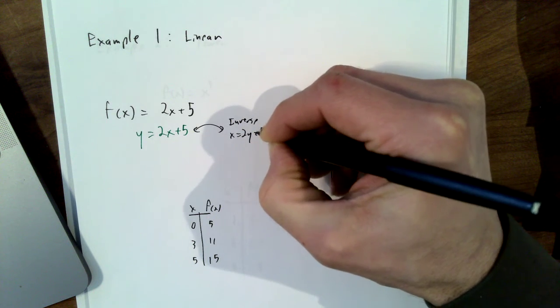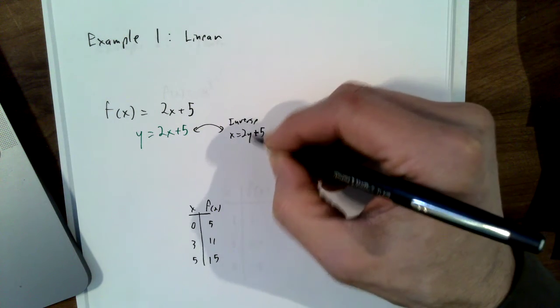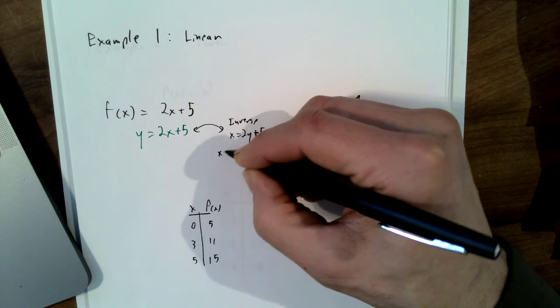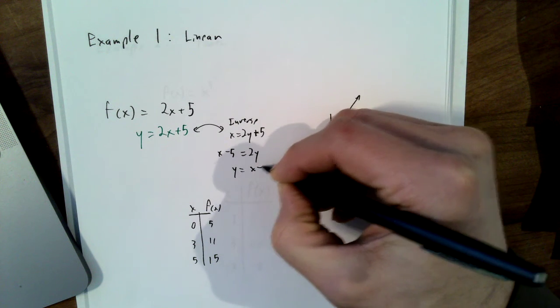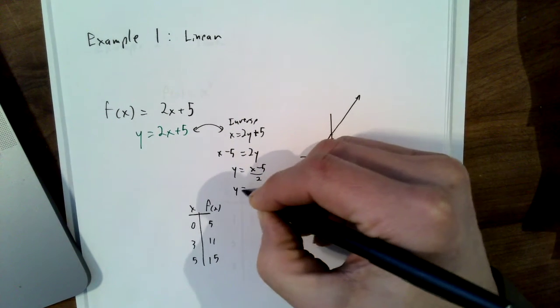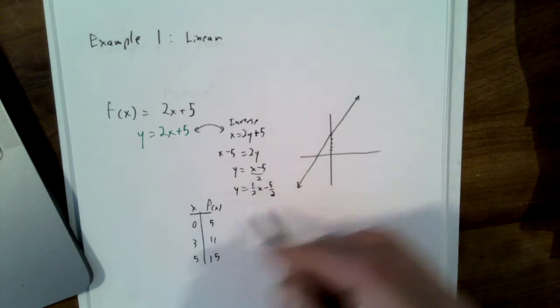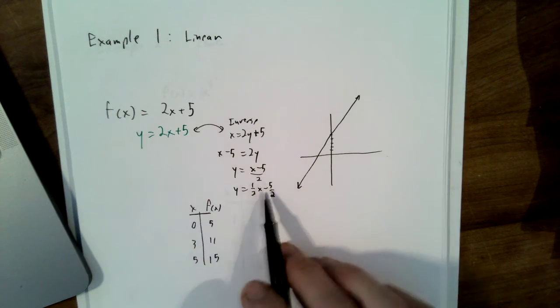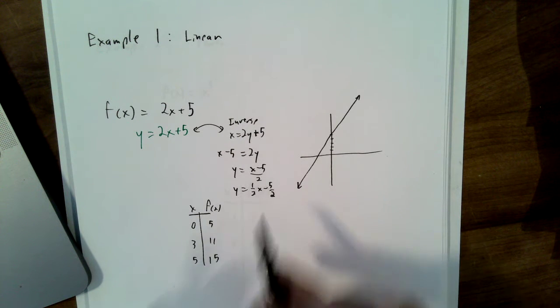If I just symbolically switch the x and y, the input and the output variable, and solve for y in this thing, I get x minus 5 equals 2y, so y equals (x minus 5) divided by 2, or y equals 1/2 x minus 5/2. That's actually the inverse function of this one. Composing those would give you the identity back, or this is the inverse of that.